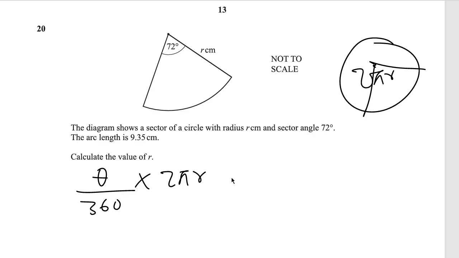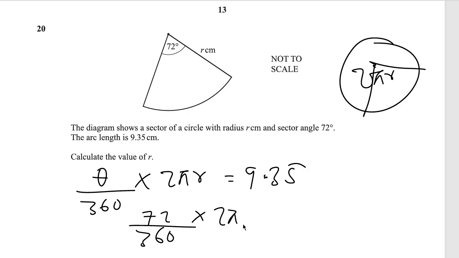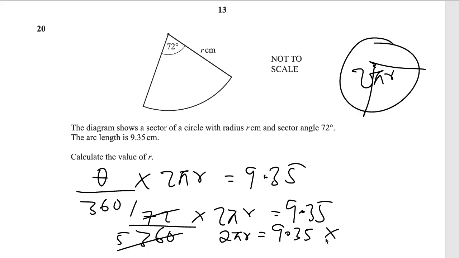So theta over 360 times 2 pi r is equal to 9.35, right? And then the angle here is 72. So we have 72 over 360 multiplied by 2 pi r is equal to 9.35. And you can see that 72 goes into 72 one time, and 72 goes into 360 five times, right? So 2 pi r is equal to 9.35 multiplied by 5.